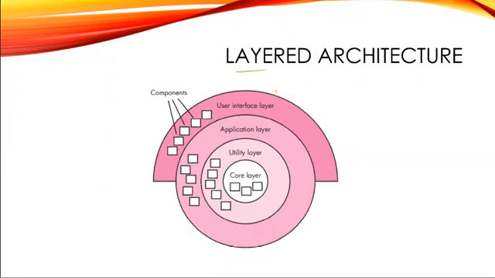As you go deeper, at the end you come closer to the machine instruction set. At the other end, the outer layer, you have the user interface layer. This user interface layer is going to have different components. It tells you the aesthetics of the system and how the components are arranged. Each and everything is going to be there at the user interface layer. So this is your outer layer.